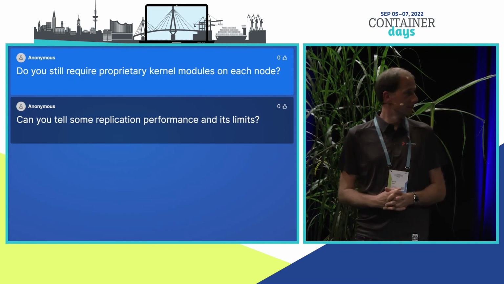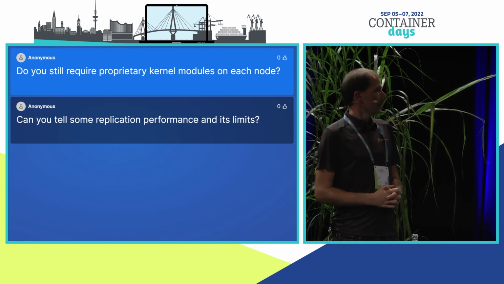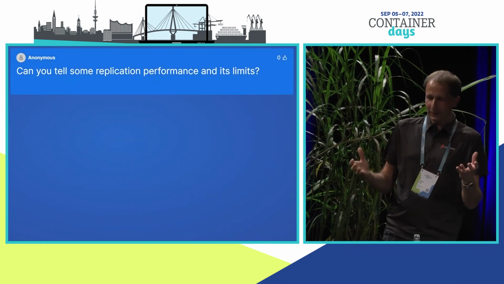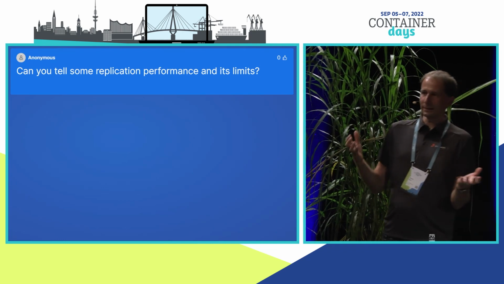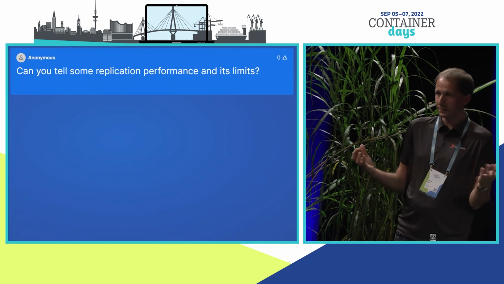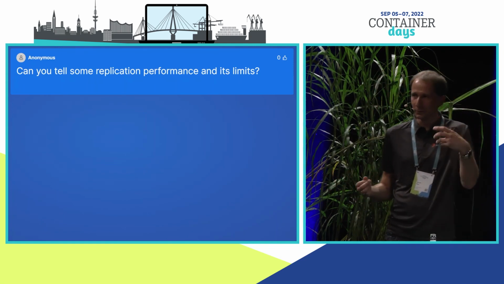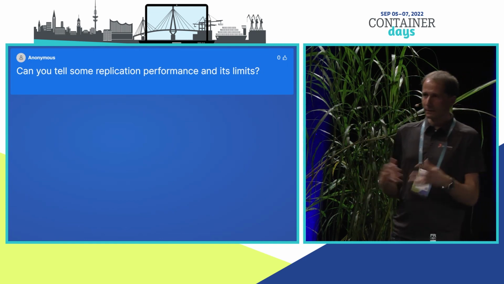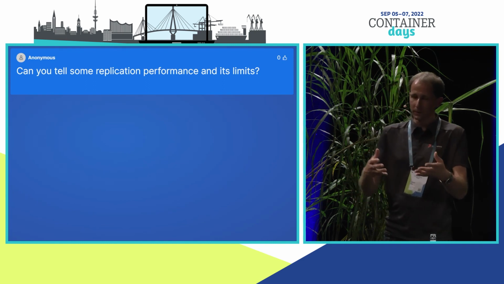Can you tell us some replication performance limits, I guess? Replication performance depends on which kind of replication you do. If you do async replication, we basically don't care about network performance, but if you define a schedule of 1 minute, you should be able to replicate change data within this minute from cluster A to B. If not, it will just pause the next schedules and finish the first one.